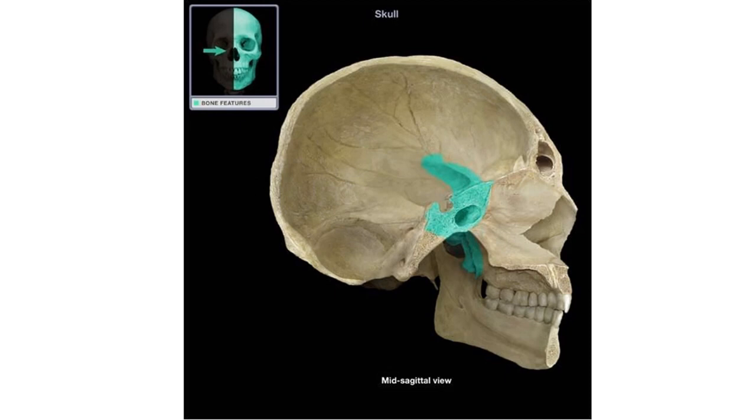Again, this is a sagittal view of the skull, where the parts of the sphenoid bone are marked green.